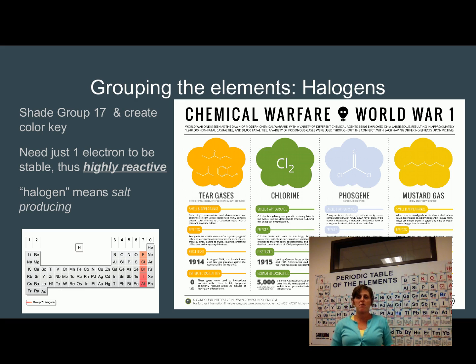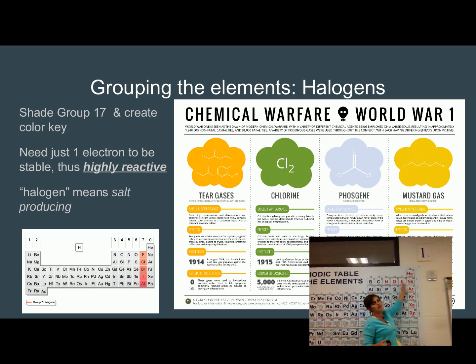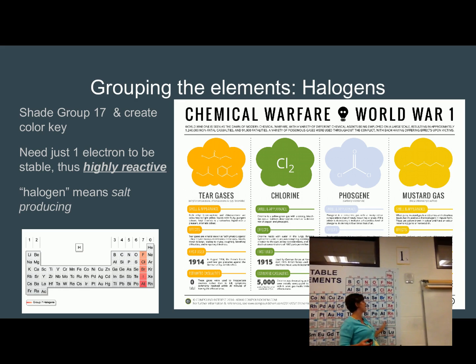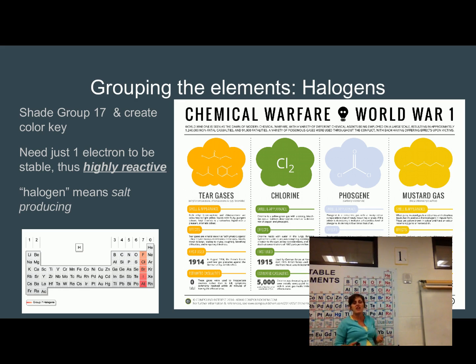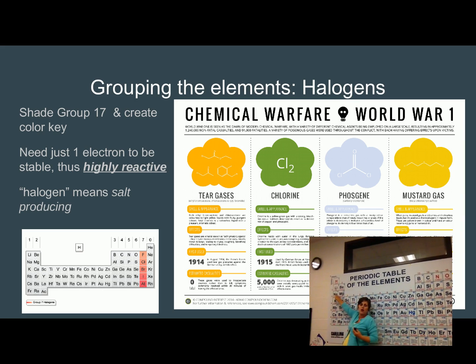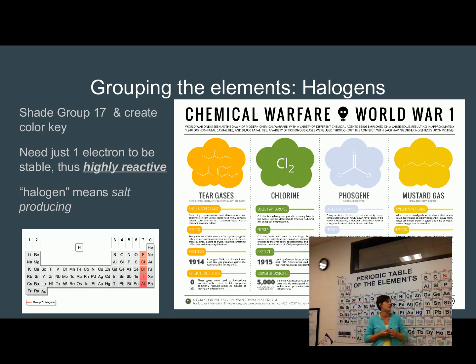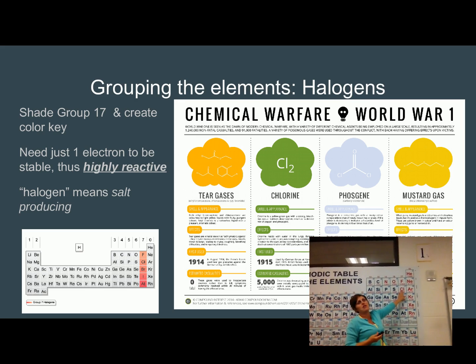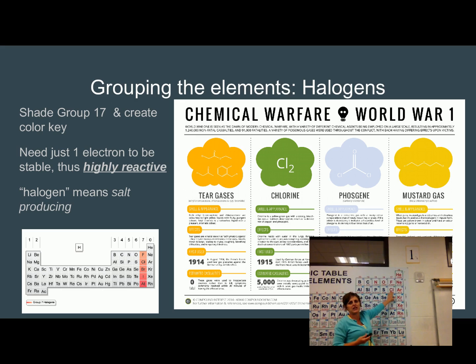Now moving away from our metals and into our non-metals, we've got our halogens. These, like our alkali metals, are very reactive because they are missing just 1 electron in their outer shell. They want that stability. That's why chlorine wants to react so much with sodium, because sodium has 1 extra electron to give, and chlorine just needs 1 electron to be completed.